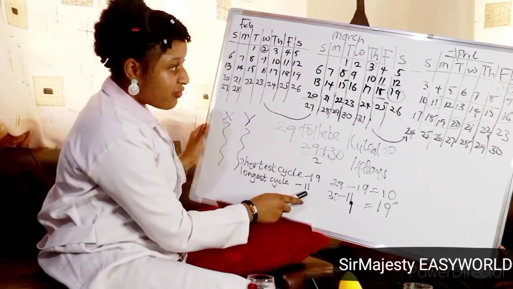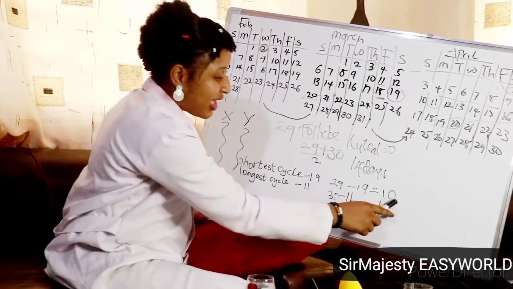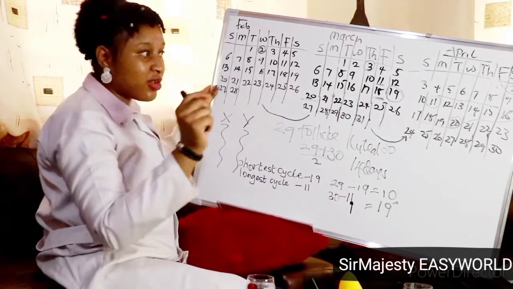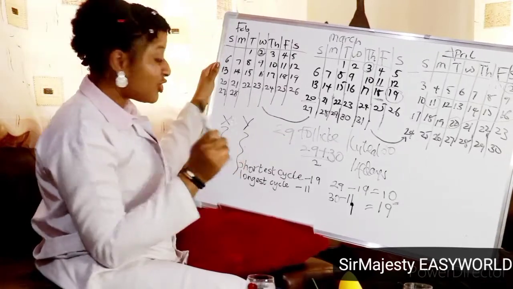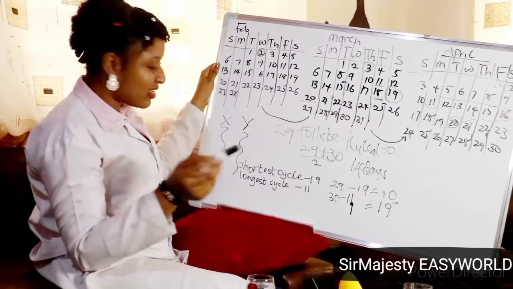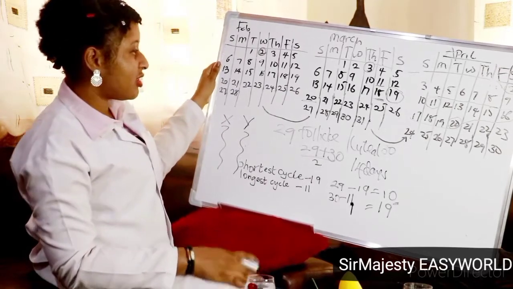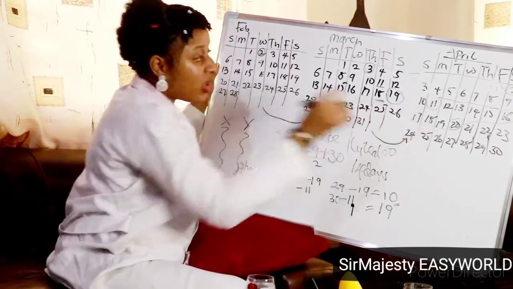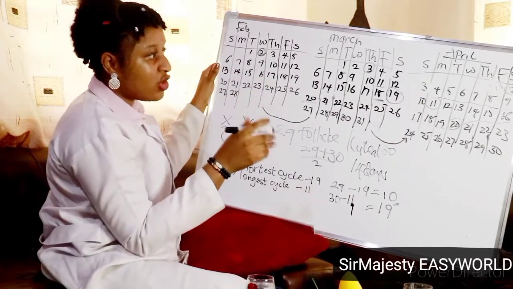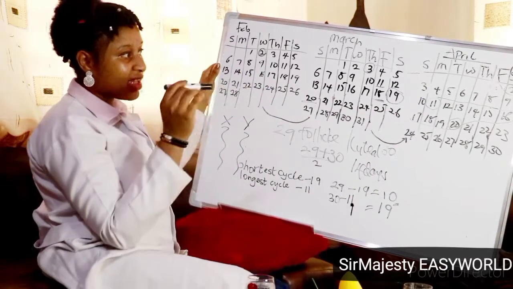And then the day you get is the day of your cycle, not the day of the calendar. And then you calculate what day falls on the calendar using your cycle for that month.